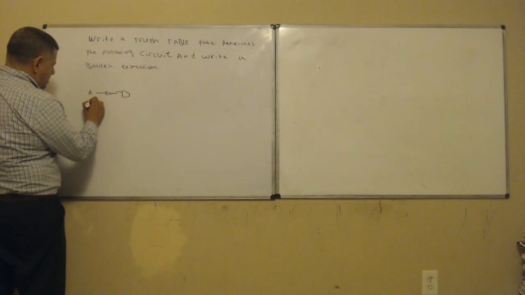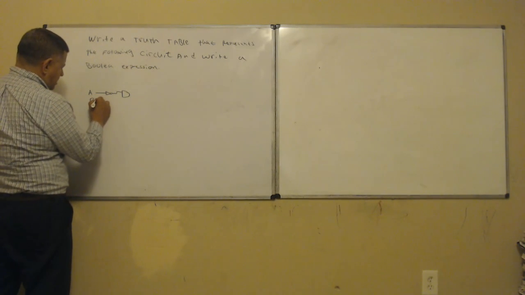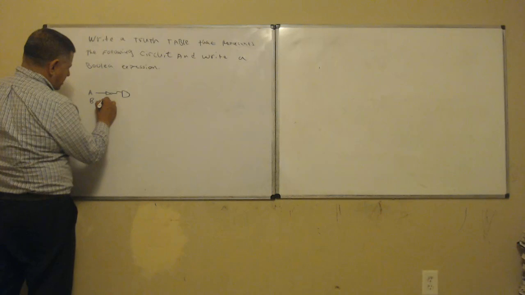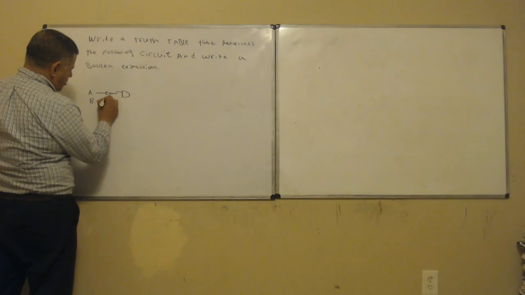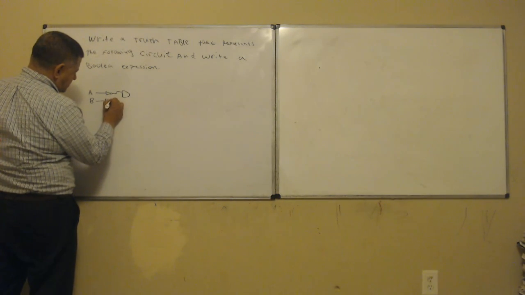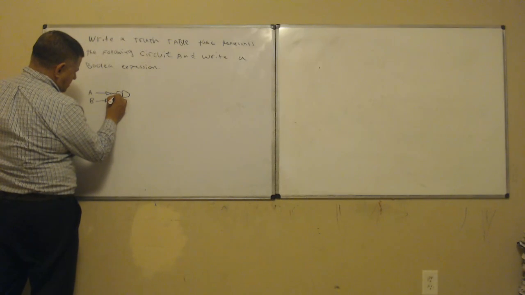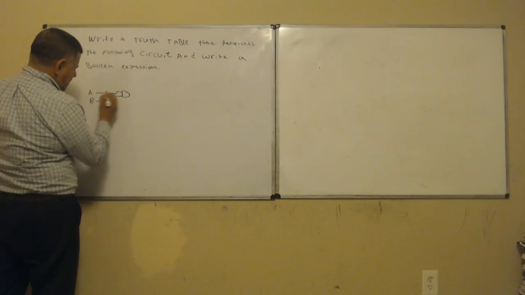Okay, and then I have a B, and from B I have a wire going to another NOT gate and it goes like that.